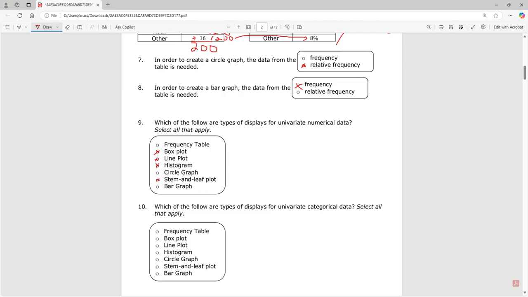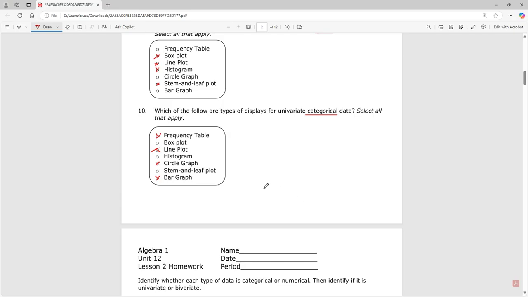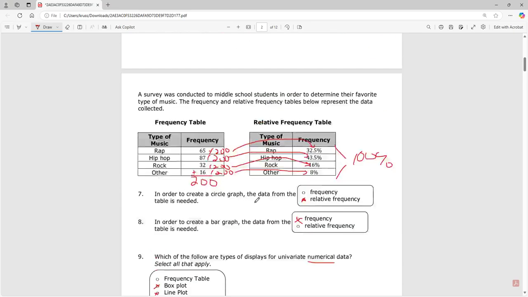Okay, and a frequency table makes sense for categorical. So the differences between these two questions here are numerical and categorical. So a frequency table works for categorical data. So does a line plot. A circle graph will help for categorical data, and a bar graph helps for categorical data. All right, so that one is that, and that is lesson 1.